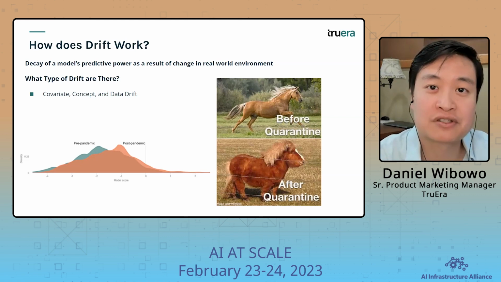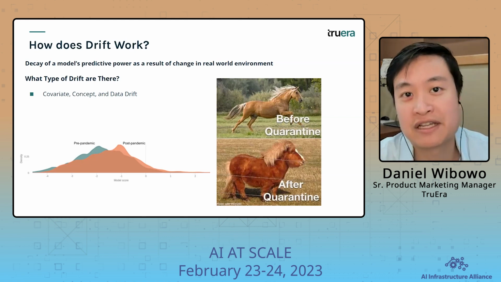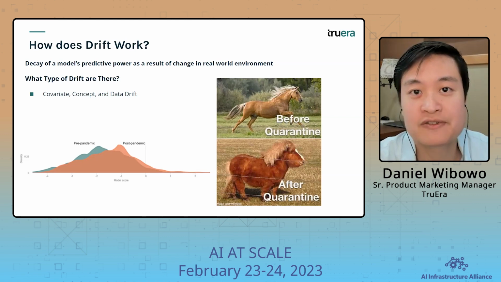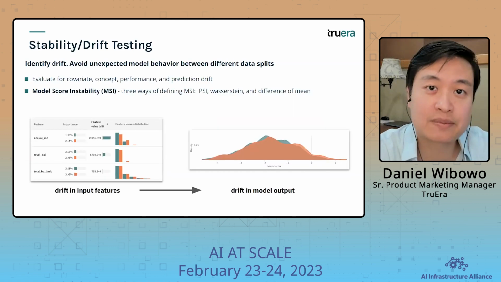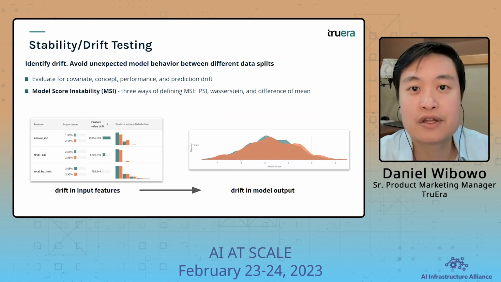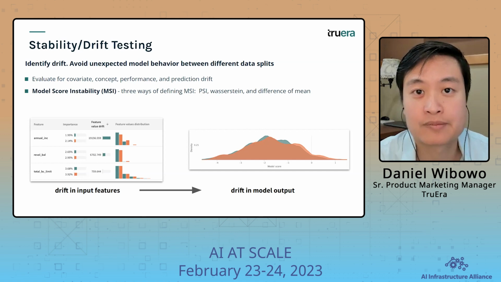So some examples of drift for models are covariate, concept, as well as data drift. So with these types of drift, you want to compare, most commonly, training versus testing data. So looking at it specifically in greater detail, you're testing between 2 data sets under 2 different environments, and you want to make sure that the model is behaving properly.